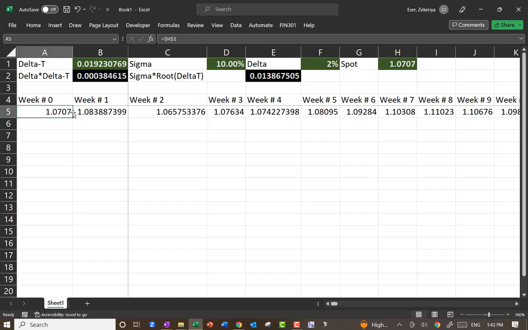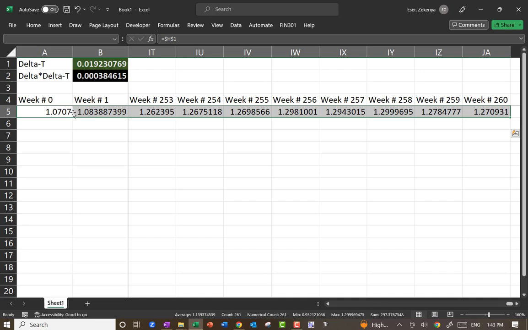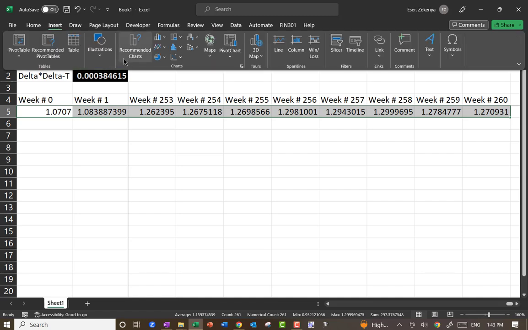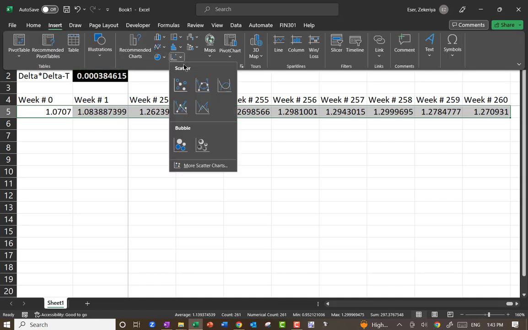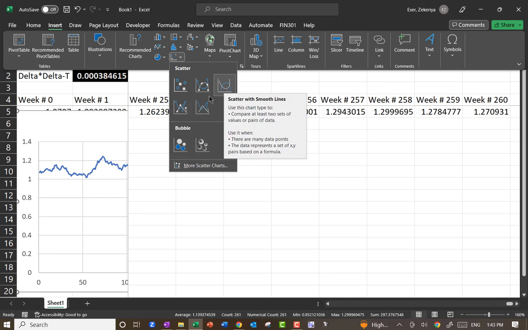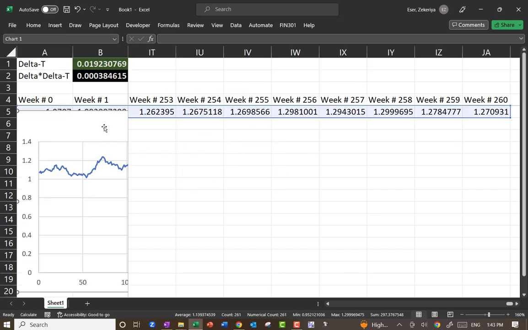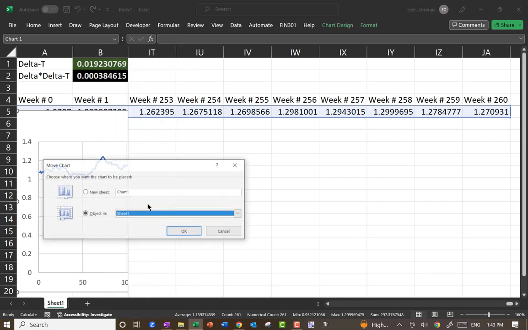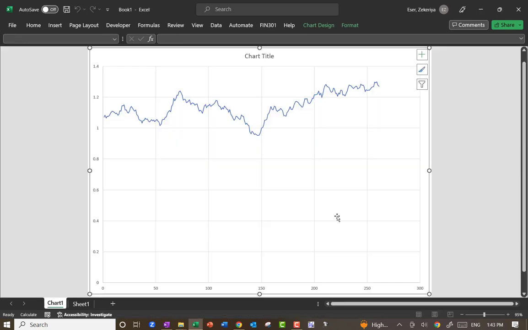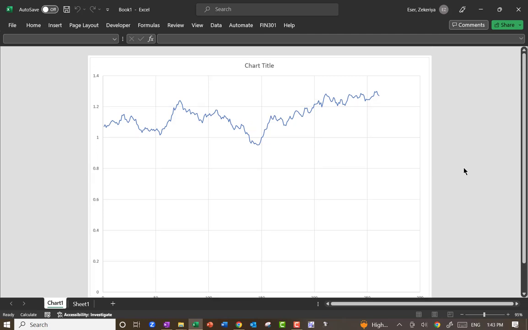So this is basically a path, a random path that is generated. Let me show it to you in a graph. This is basically a possible path given how much volatility and interest rate differentials.